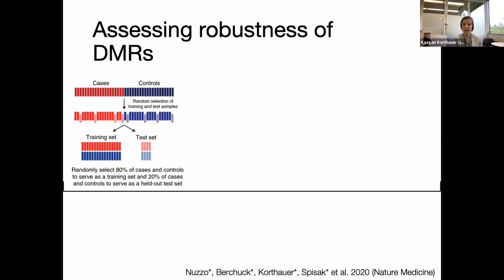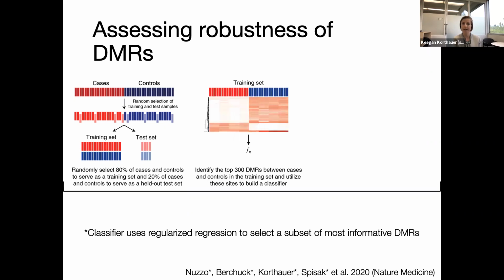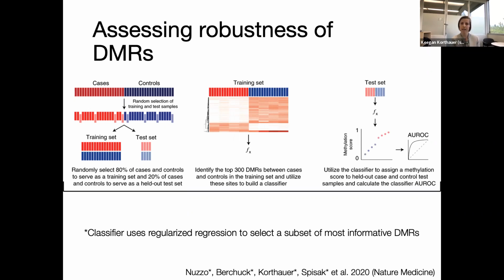First, we randomly selected 80% of the samples as cases to train the model, and using those, identified the most predictive DMRs, differentially methylated regions, using regularized regression, in particular elastic net regression. Then we evaluate the performance in a held out set of 20% of our original sample. The important part here is we're not going to just stop here.